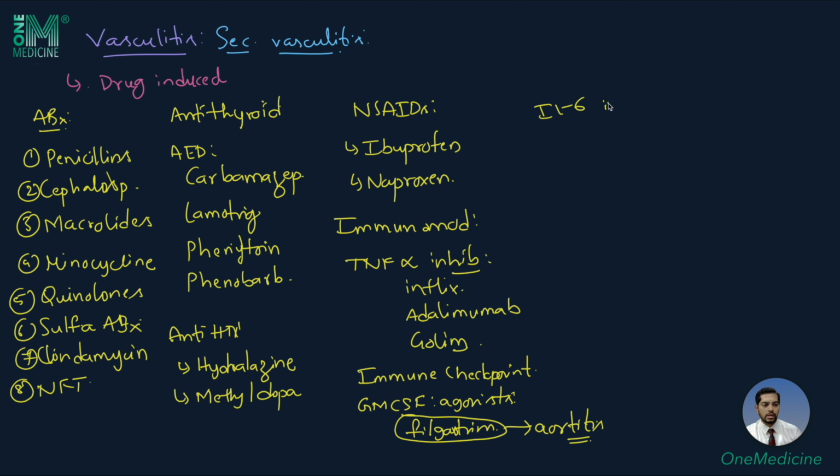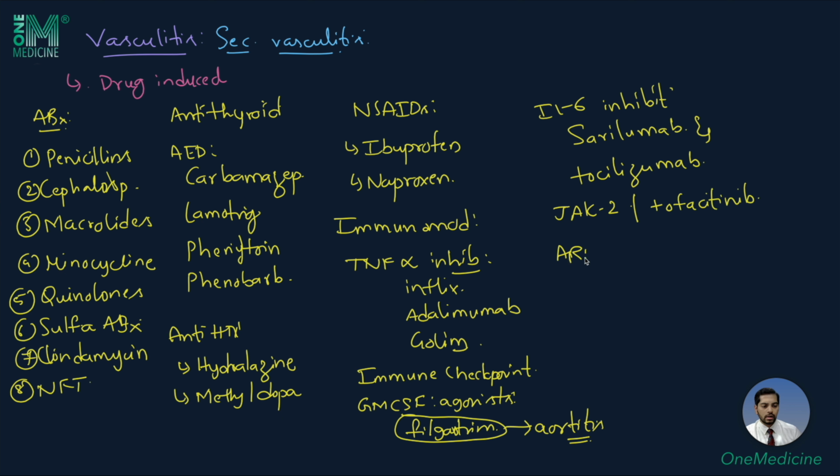Interleukin 6 inhibitors such as sarilumab and tocilizumab. JAK2 inhibitors and other JAK inhibitors such as tofacitinib.